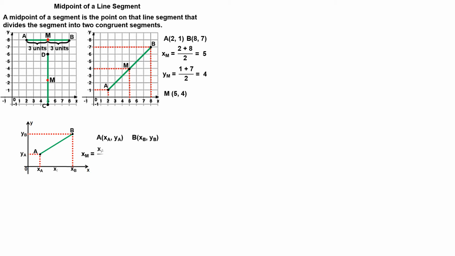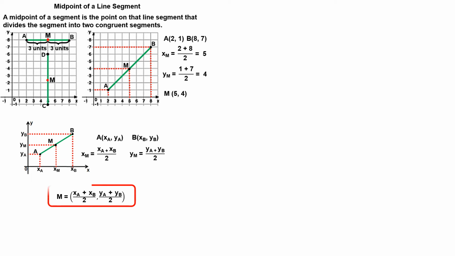The x-coordinate of the midpoint is the average of the x-coordinates of A and B. The y-coordinate of the midpoint is the average of the y-coordinates of A and B. In short, to find the midpoint of a line segment, you just calculate the averages of the coordinates. The midpoint formula finds an ordered pair that represents the midpoint of a line segment. The midpoint formula works for all line segments: vertical, horizontal, or diagonal.